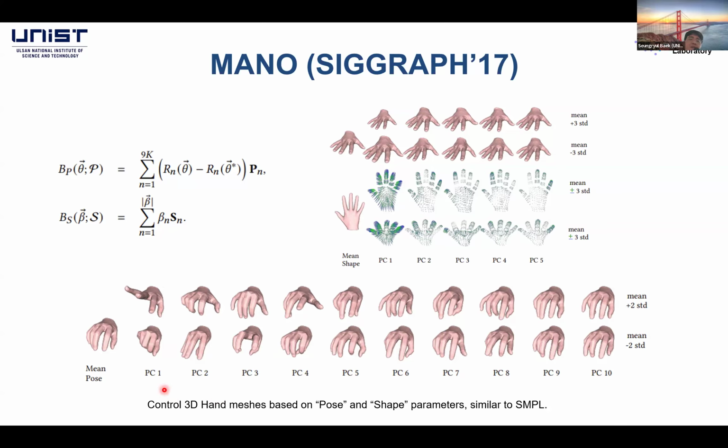Initially in MANO they apply PCA on the pose domain as well. In SMPL, you may remember that pose parameters are axis angles, the rotation angles. But in MANO, because the degrees of freedom are high, initially they applied PCA on those rotational angles.